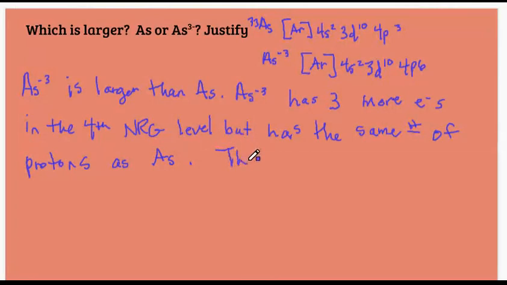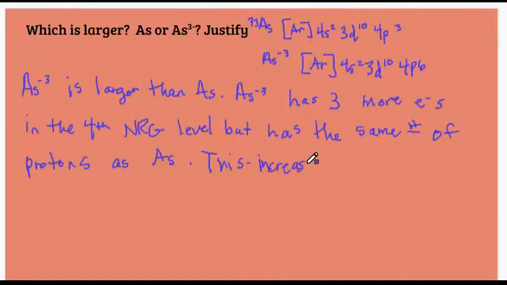The extra electrons, you know what? I'm going to change that. I'm going to write this increases. Make it a little shorter.